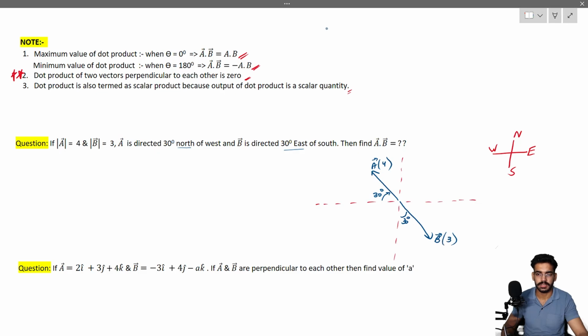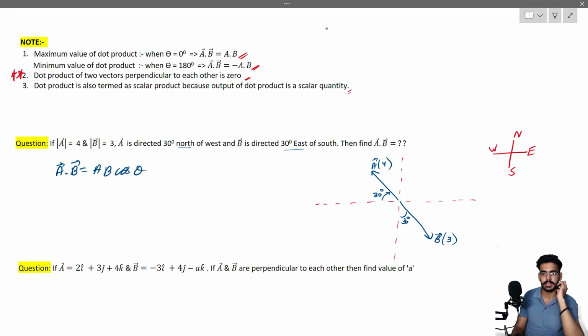Obviously, if this is 30 and this is 30, they are not at a 180 degree angle to each other. It just looks like that, but it's not. They have a 30 degree deviation, 180 minus 30 degree. To find a vector dot b vector, it will be ab cos theta.